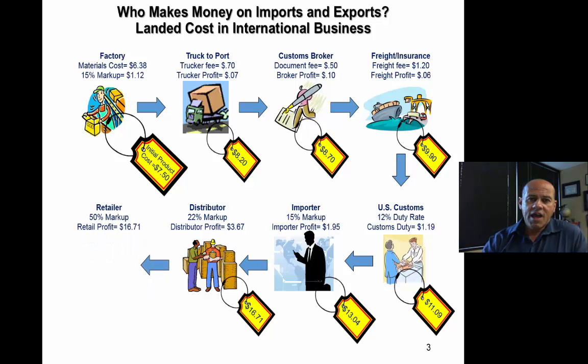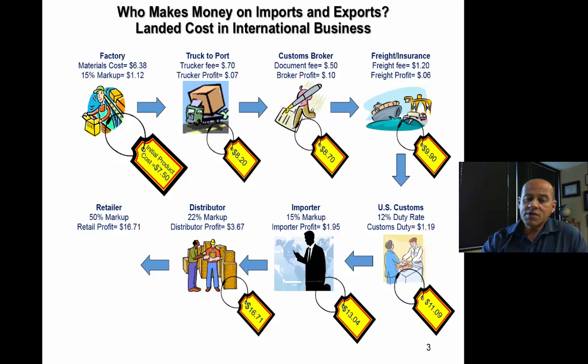Retailers have to warehouse merchandise, get it into their stores, and then wait. And those items may be sitting on the shelves for a month or longer before they sell. So because of that, the retailer needs a fairly substantial markup. So in this case, it's 50%. That's not unusual for a markup.